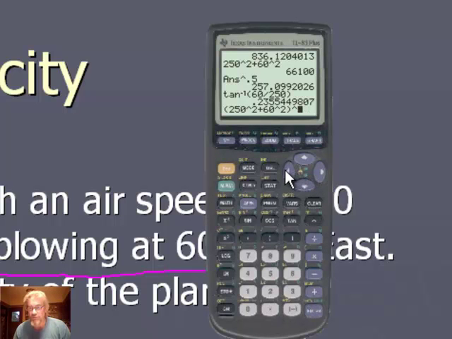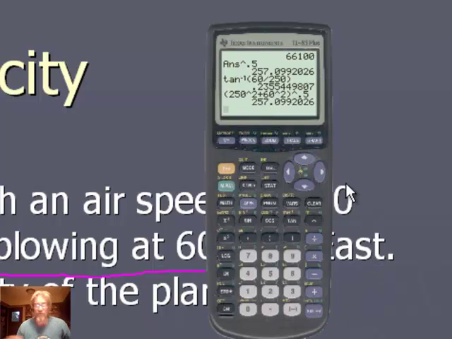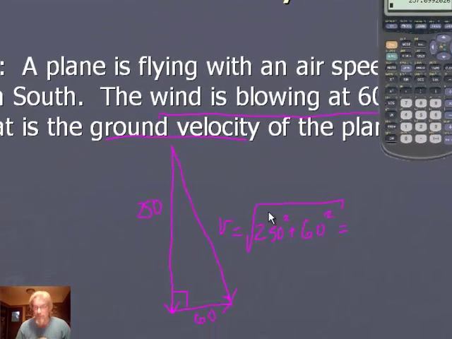Oops, not to the 5, but to the 1/2. There we go. And here's what we come up for an answer. When we take the square root, it's approximately 257 miles per hour. So that's the speed. That's the length or the magnitude of that vector.